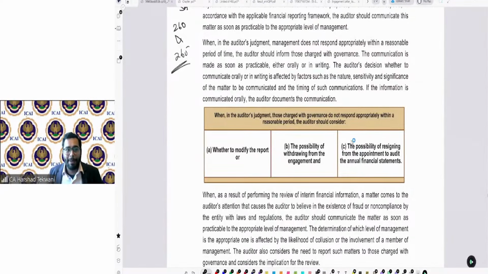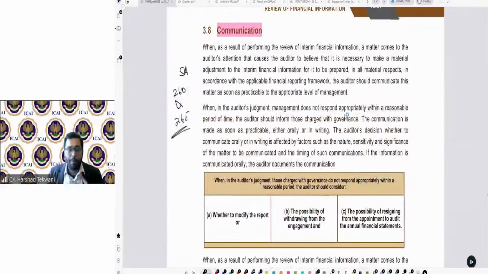So it can happen that the auditor is fulfilling both together. Like if I want to communicate as per SA 260, I may also communicate the matter under SRE. So I may prepare a single communication to the management, which will satisfy the compliance requirement of SA 260 plus SRE both.